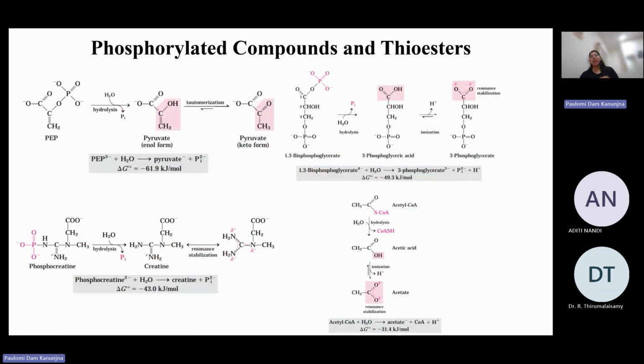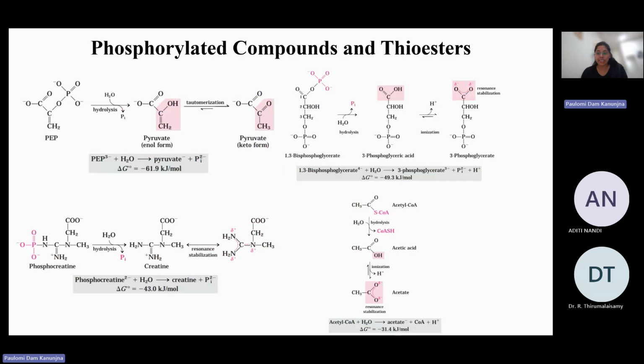Now, ATP is not the only molecule that can be used as energy currency. There is PEP, phosphocreatine, bisphosphoglycerate, and acetyl coenzyme A. All these compounds, which are phosphorylated or have a thioester bond, are very high energy yielding compounds.